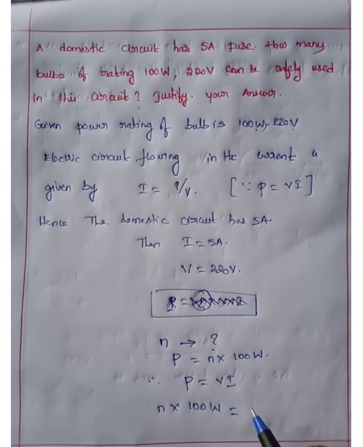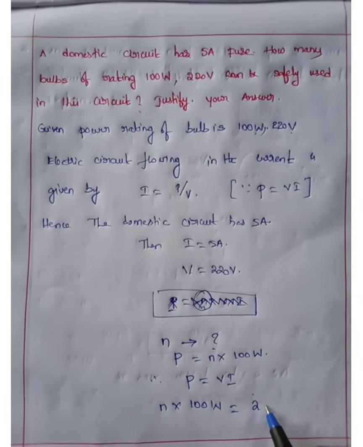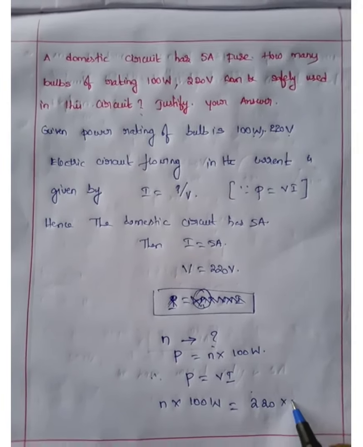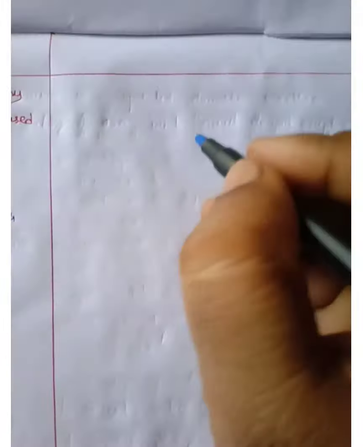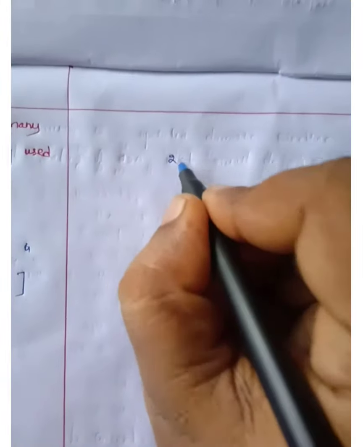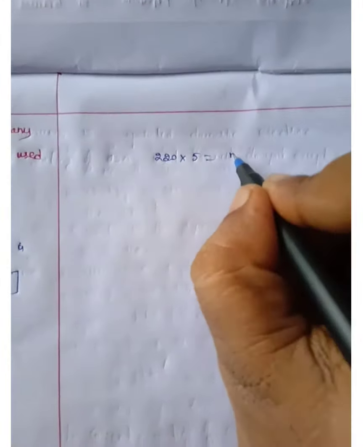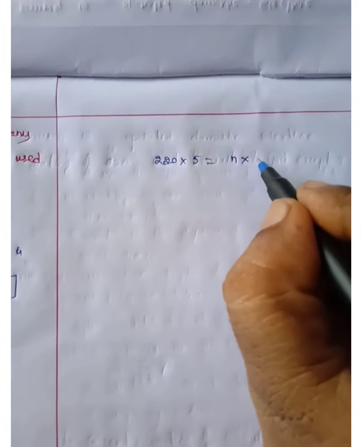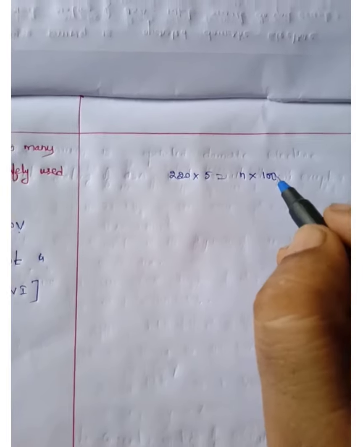V means how much? 220. So 220 into 5 is equal to N into 100.